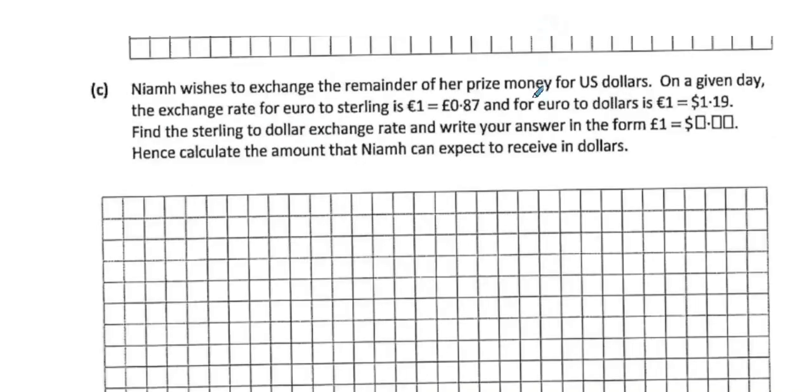Lads, really easy way of doing this. Really easy way to get 10 marks. You want £1 equals, you want the exchange rate for pound to dollars. Everybody cool with that? Now, using the two yellow pieces of information, what can I say?